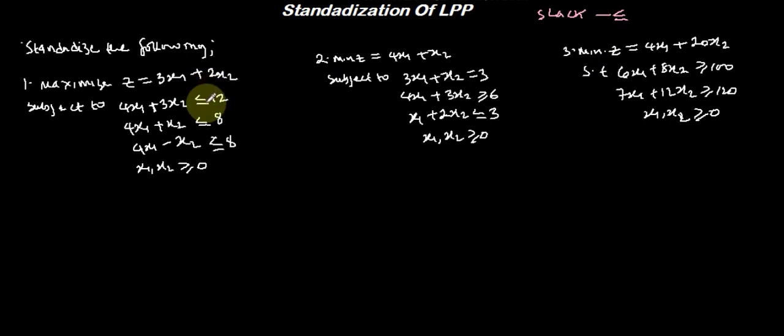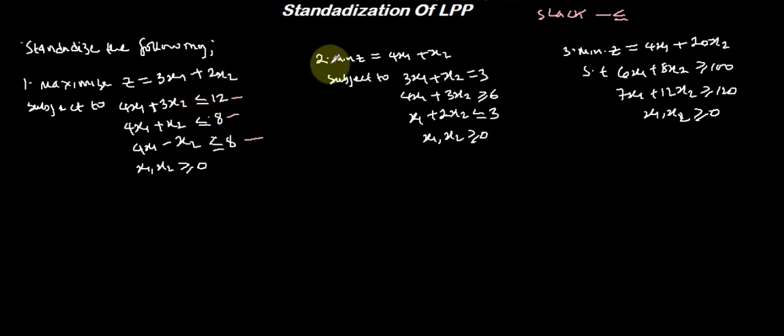So we have, like here, all these inequalities to be less than or equal to at the left hand side. So this simply means that we are going to be introducing a slack variable in this question 1 here.